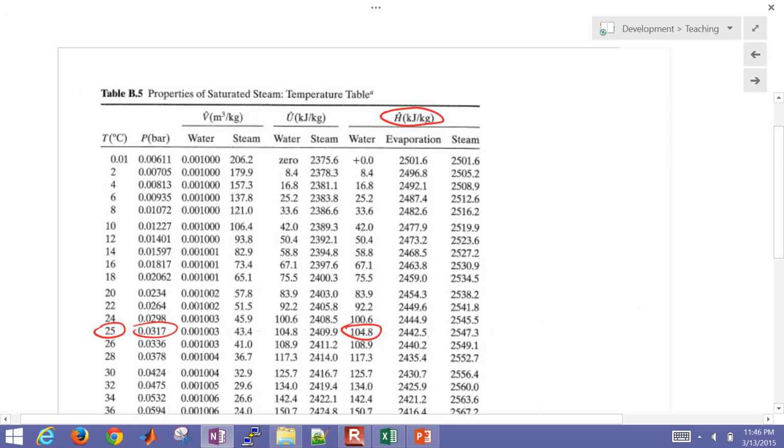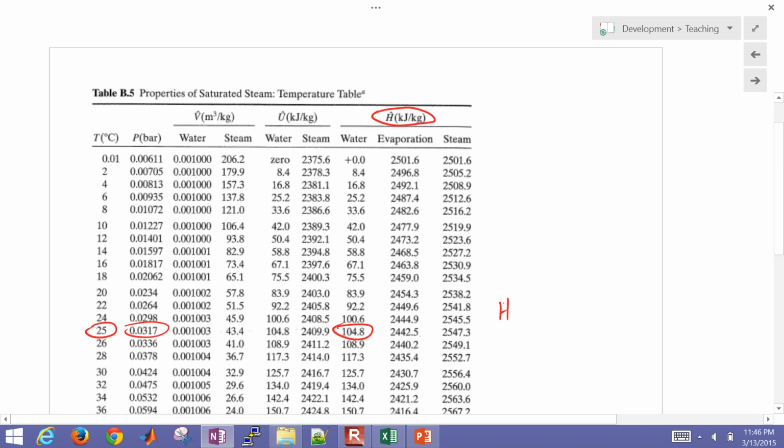We want to get the specific enthalpy of water at 25 degrees Celsius and 1 atmosphere. This table gives it at 25 degrees Celsius, but only at 0.0317 bar, so a lot less than an atmosphere.